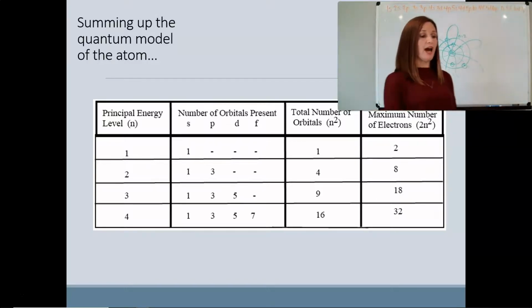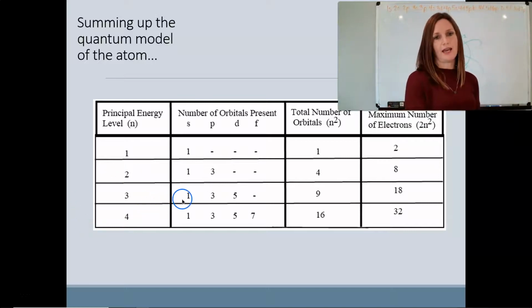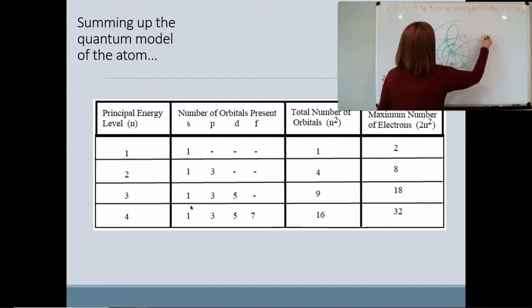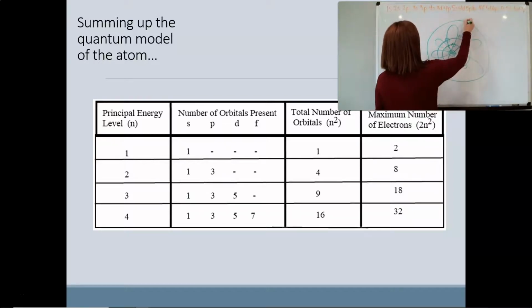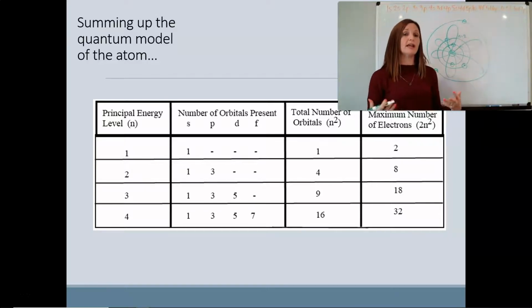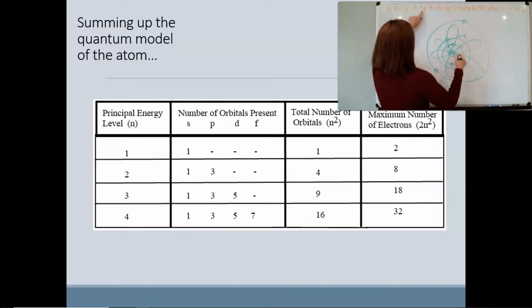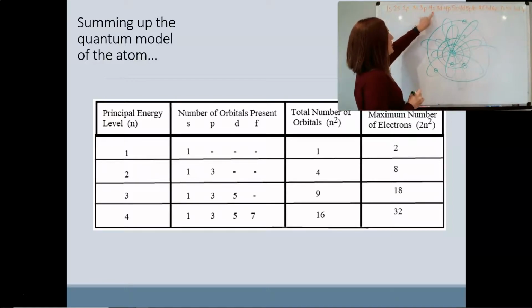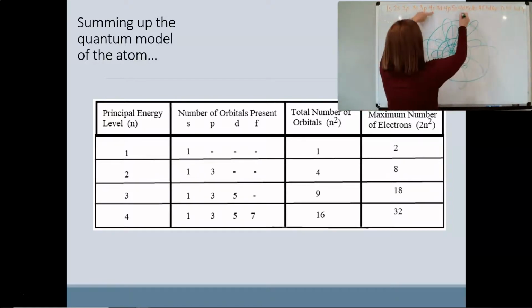What we fill after that is our 3s orbital, which is a sphere that covers all of these with 2 electrons in there. And then we have our 3p orbitals, 1, 2, 3 p orbitals filling, and then we get to our 4s.